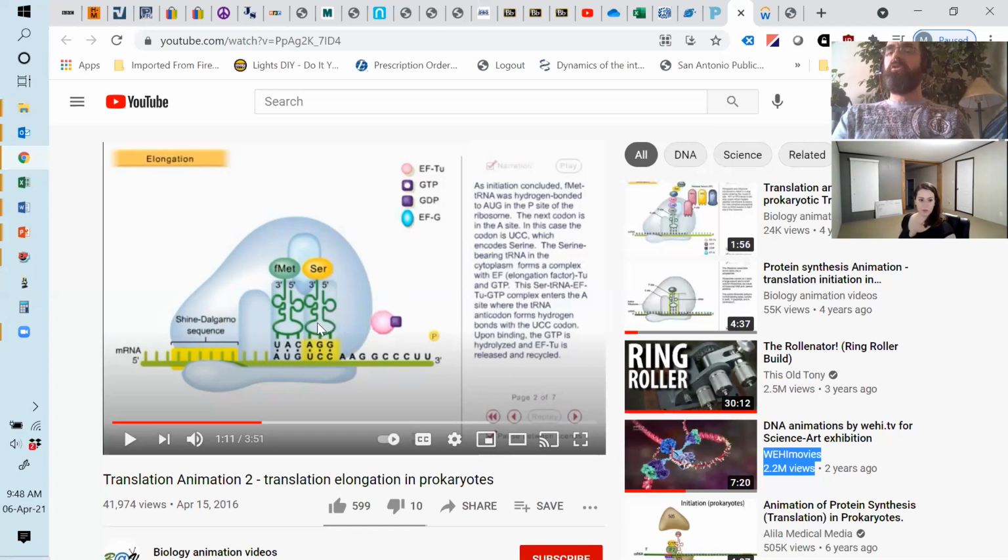Okay, so now we have two tRNAs, one in the P site, which was there originally, one in the A site. Now there's an enzyme, well, it's actually a ribozyme, right? Anybody remember what a ribozyme is? What sort of macromolecule is a ribozyme?